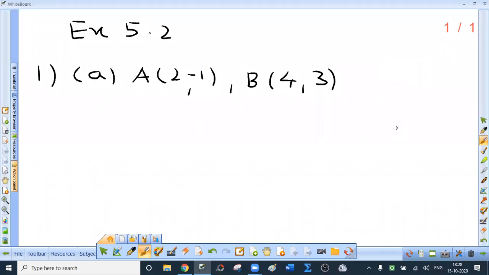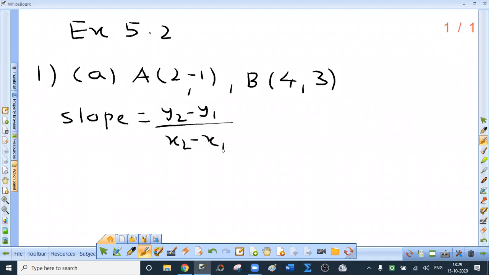Now exercise 5.2. First sum, find the slope of each of the following lines which passes through the points. A part, A (2, -1), B (4, 3). So it is better we write slope equal to y2 minus y1 upon x2 minus x1. At least for the first few sums, write this.